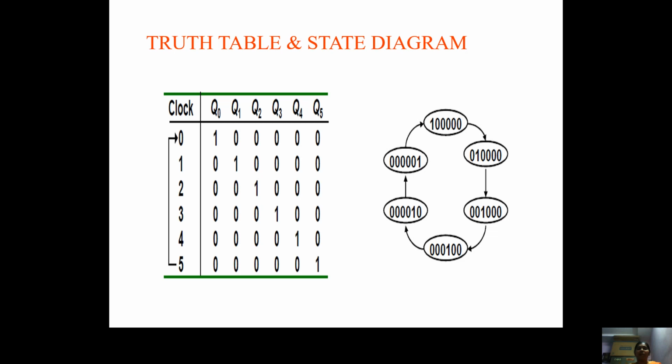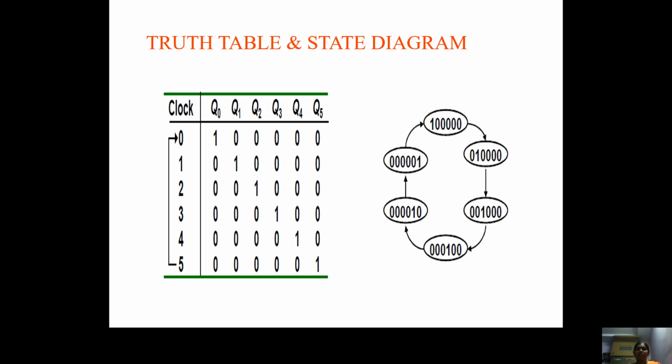But the disadvantage is that it requires more flip-flops, and out of 2 power 6 values, many of the states are being wasted. Only 6 states we are using and all the remaining states are going to be wasted.